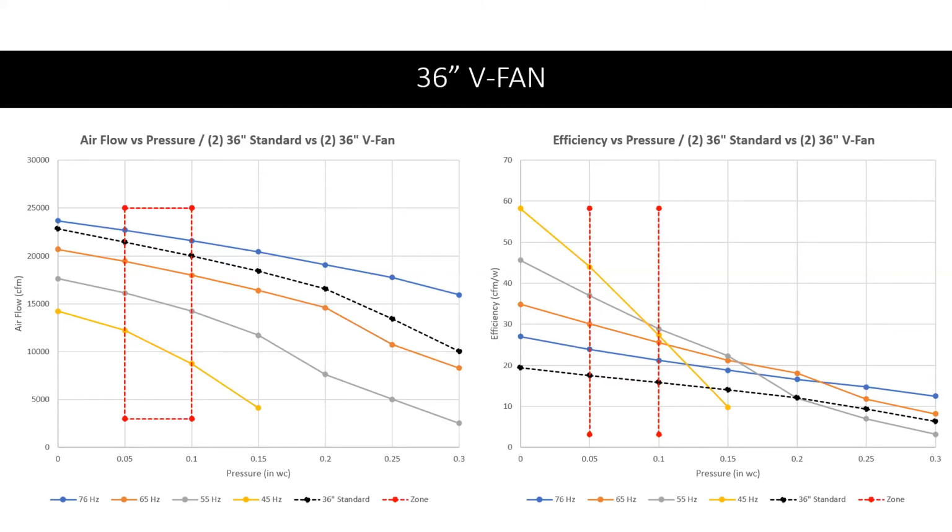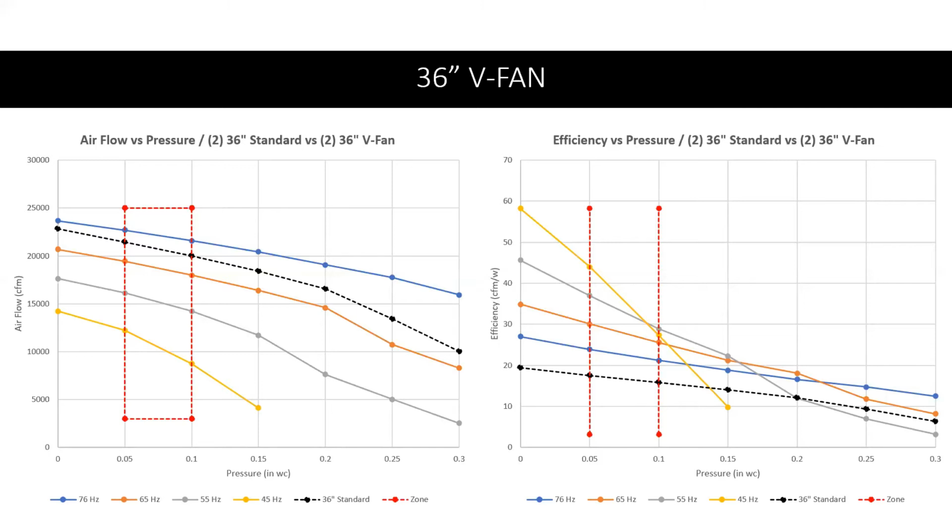We could add more fans and cycle them, but we have two plotted here. If you go over to the efficiency chart on the right again, we have the same dashed lines for our range of efficiencies between 0.05 and 0.1.